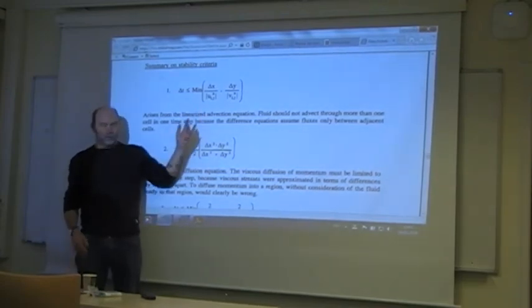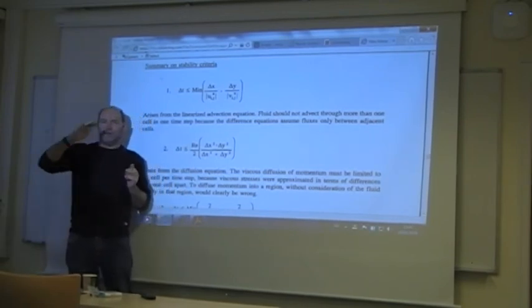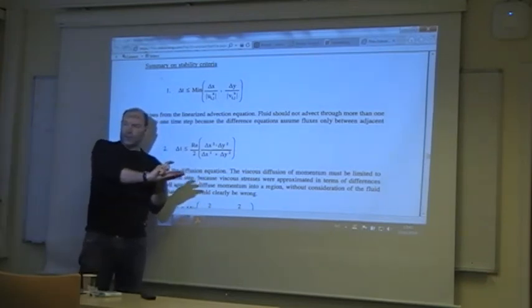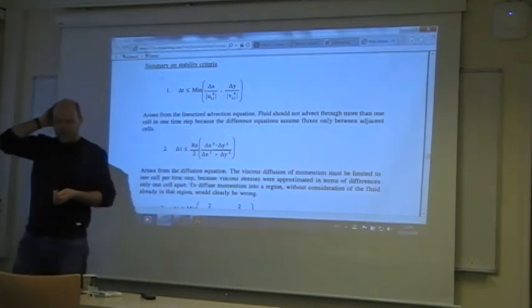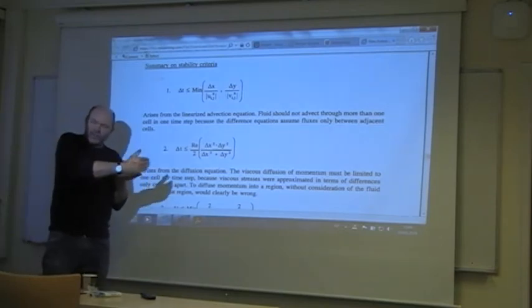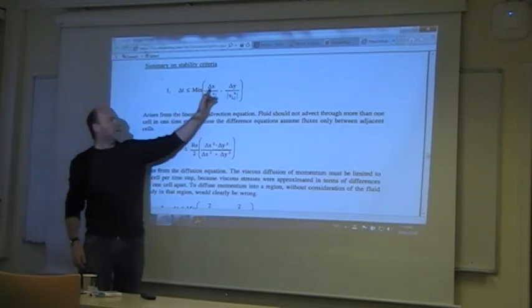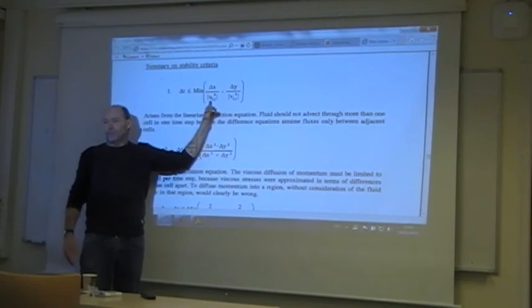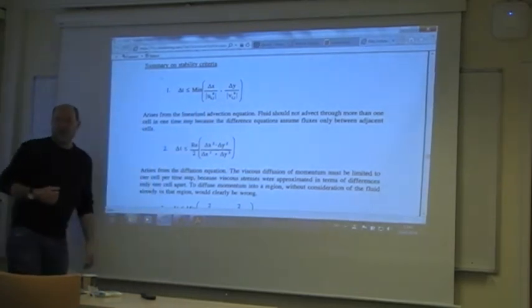If you have a large inlet into a couple of walls, which then narrows down to a very small opening, you will get very high velocities in that opening. And typically when you do a numerical study, then you will use a lot of small cells inside that narrow region. So there the delta x and the delta y is going to be very small, but the velocities are going to be big. Then you're in trouble. Then delta t has to be very, very, very small. So this should be investigated during the simulation for all cells.